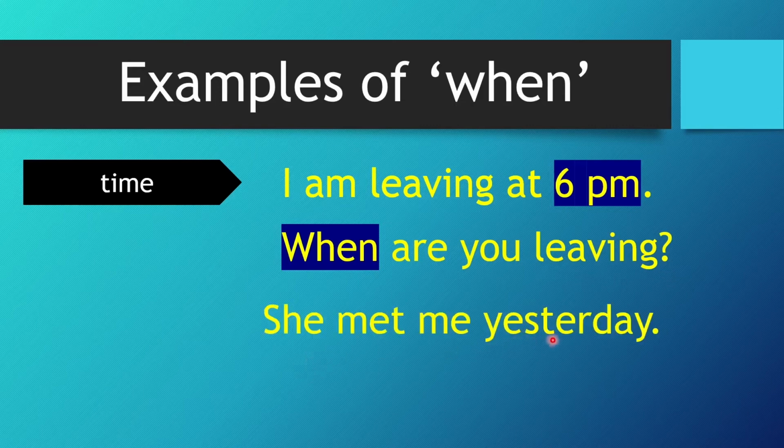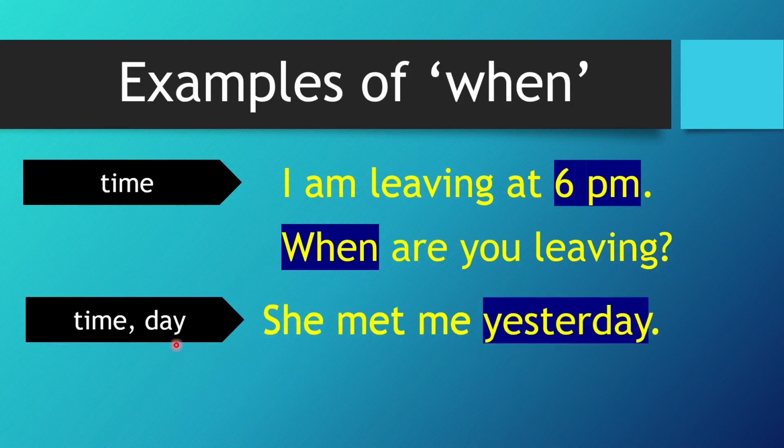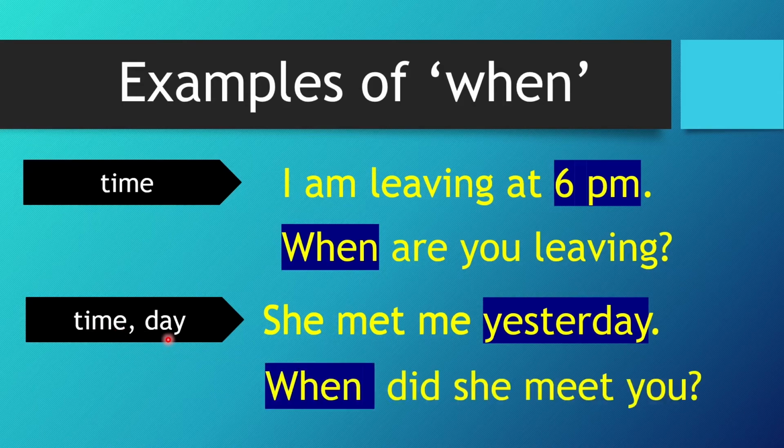She met me yesterday. Here, yesterday, this word is showing the time or you can say day. So we will write, when did she meet you? So there, when is indicating yesterday. And after that, there will be auxiliary verb. So see the given sentence, met. This is past form of meet. So when the main sentence is given in the past form, your auxiliary verb will be past, of course.